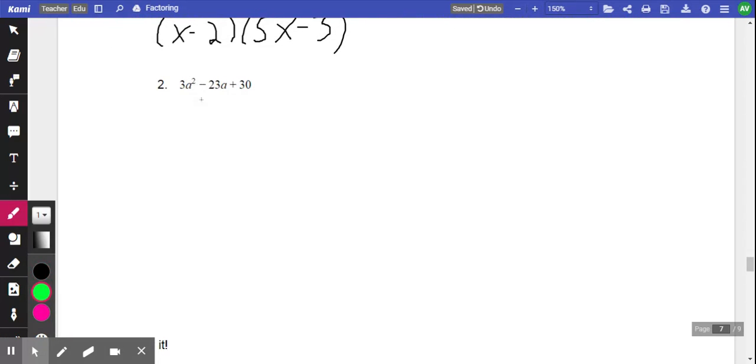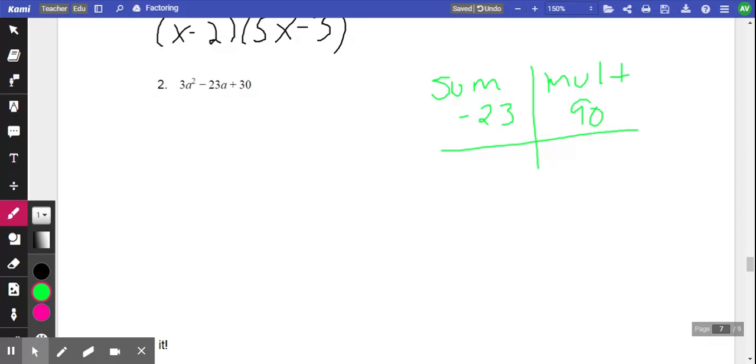So here I have 3a squared minus 23a plus 30. Again, I'm going to make my sum and multiply chart. The numbers need to sum to -23, and the numbers need to multiply to 90. Remember, not 30, it's 3 times 30. So let's think about this.